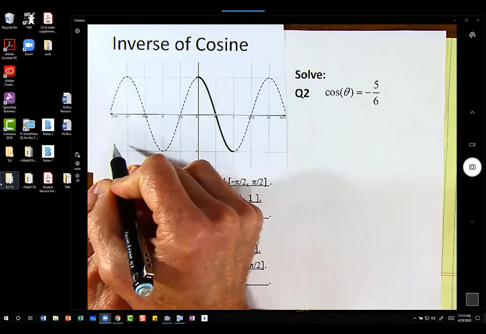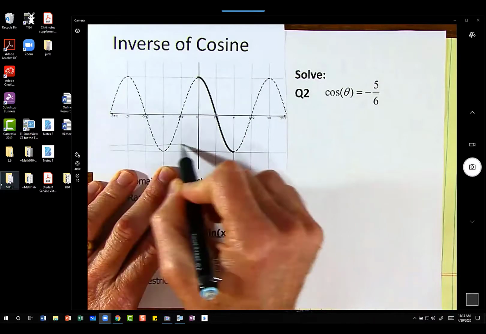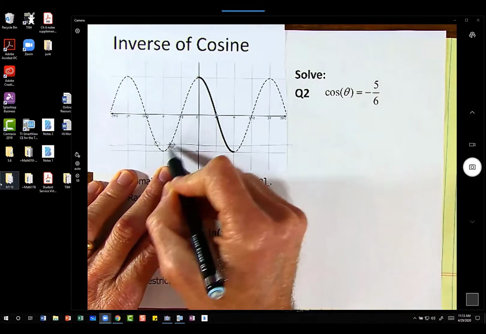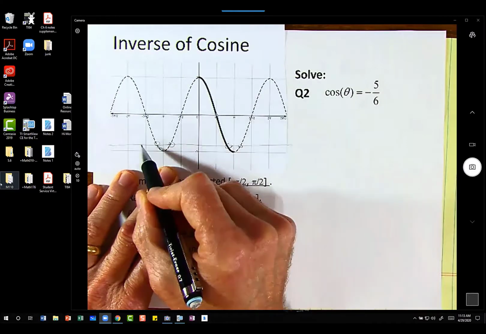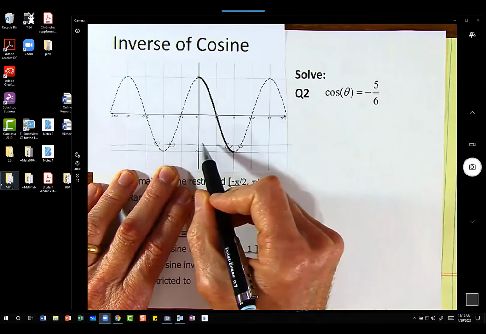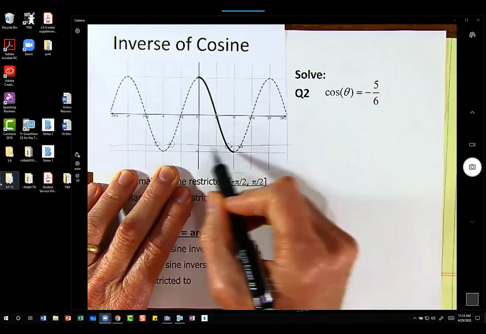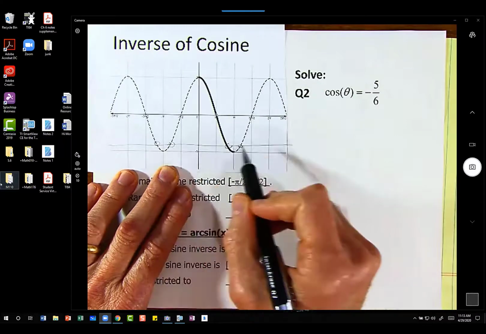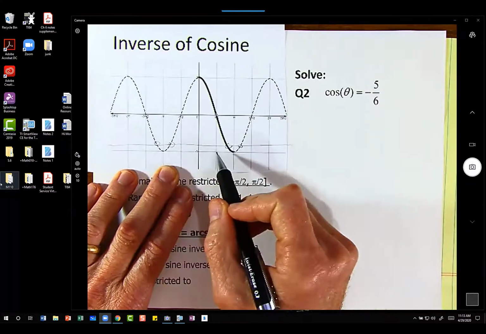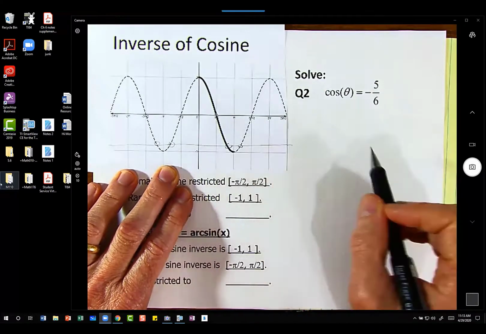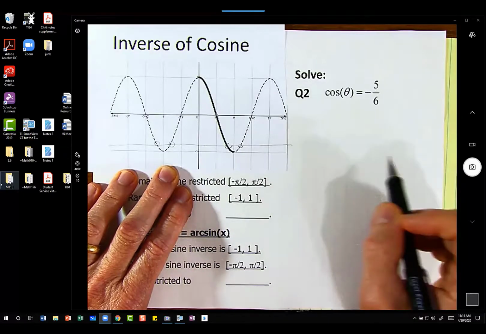So negative 0.83 is like that. And I'm going to have infinite solutions because negative 5/6 is going to cross cosine many times, 4 on this picture. But because the wave keeps going forever, it's going to cross infinite times.